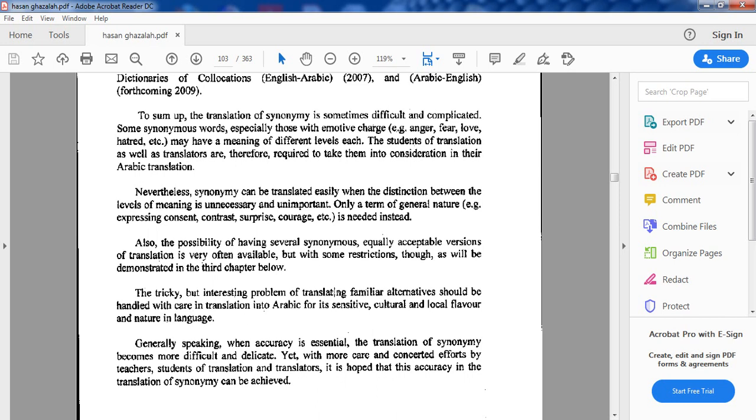So you have to be careful in translating those items into Arabic, for it is sensitive, with cultural and local flavor in nature in language.